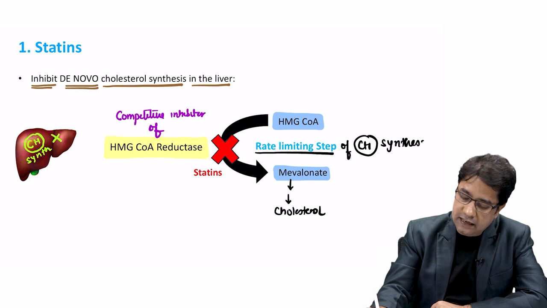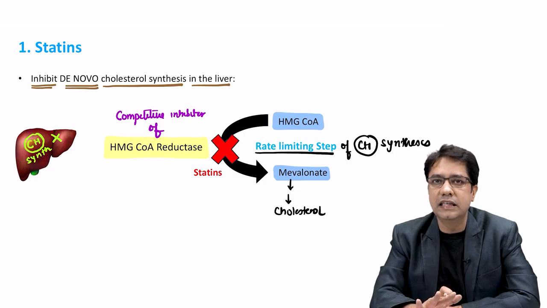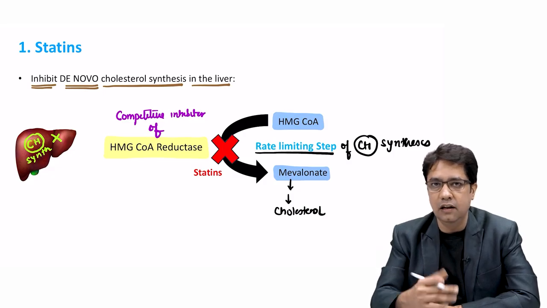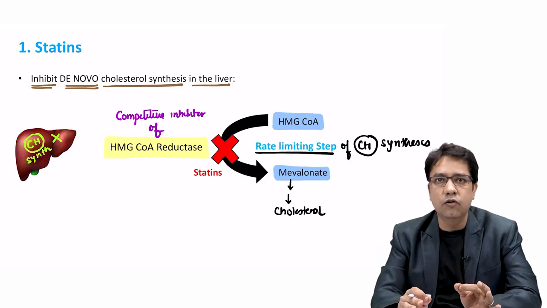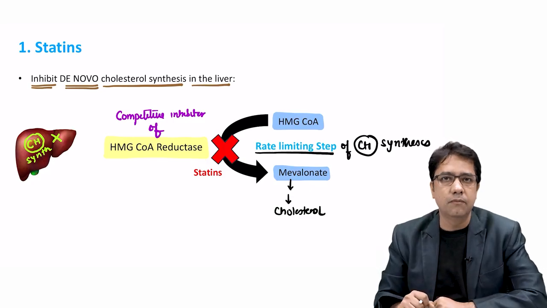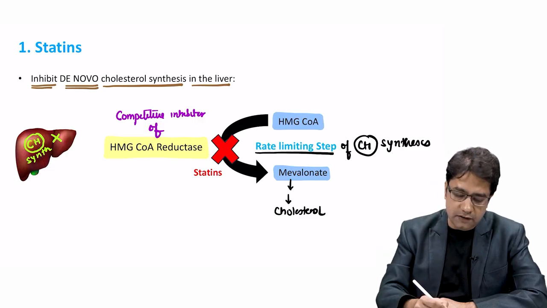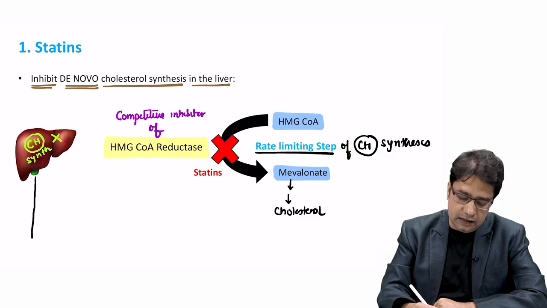So can we say that inside the liver, cholesterol synthesis is blocked? Now the liver will say, sir, I need cholesterol at any cost because I have to do various functions of the body. Liver itself cannot synthesize cholesterol now. So what will liver try to do? Liver will take cholesterol from the blood.